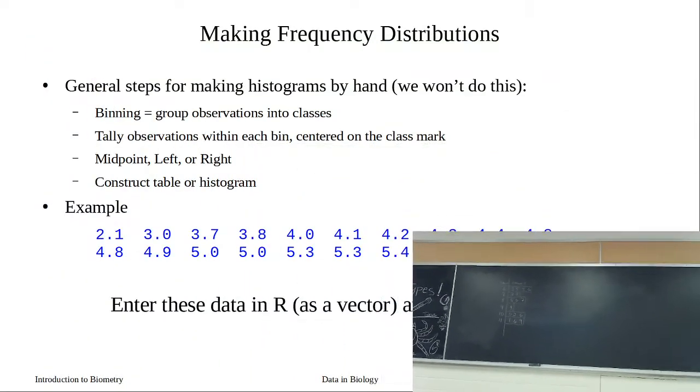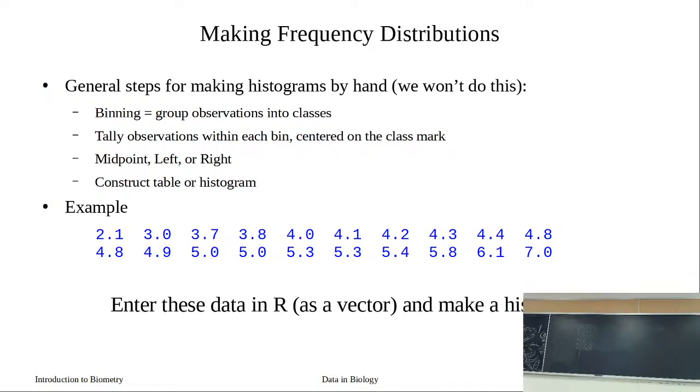It's already ordered for you, and make a stem and leaf display just by hand, on a piece of paper, just so you can see how this stem and leaf looks very similar to a histogram.